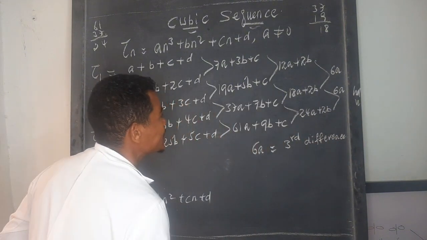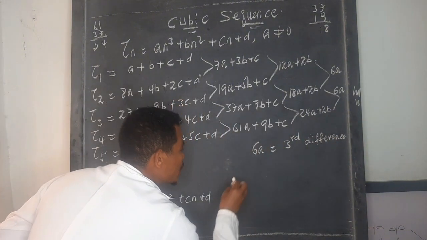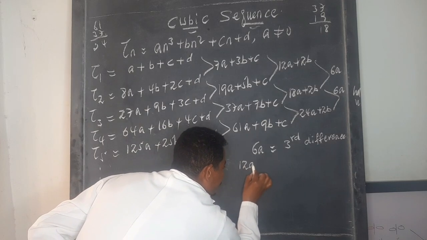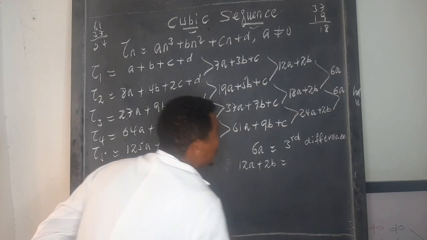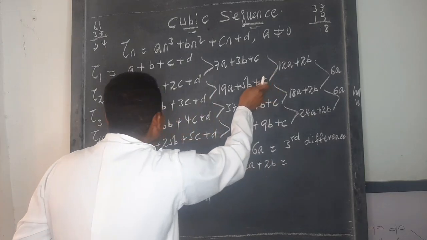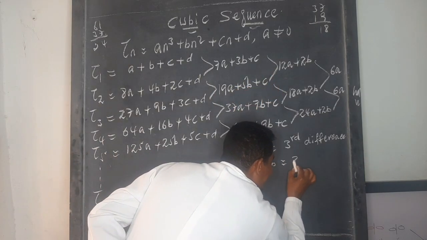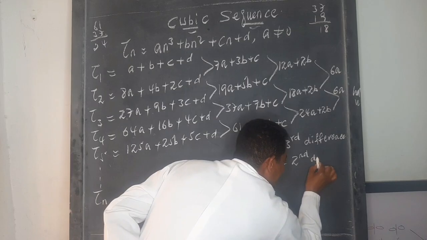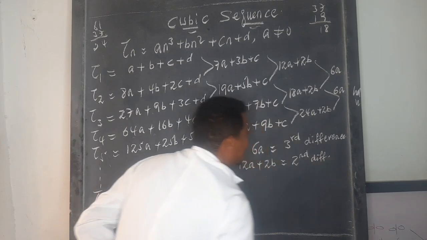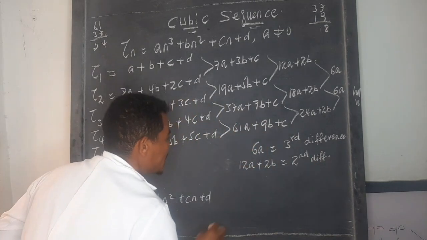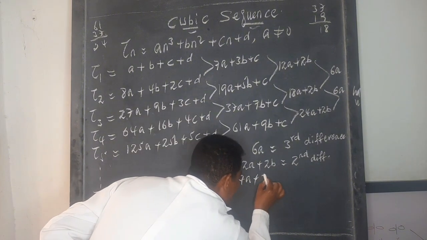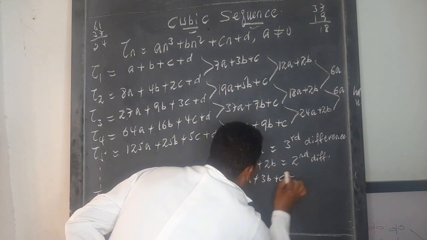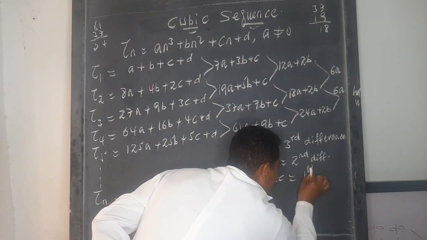6a is equal to the third difference, and 12a plus 2b is equal to the second difference. The other one is 7a plus 3b plus c, which is equal to the first difference.